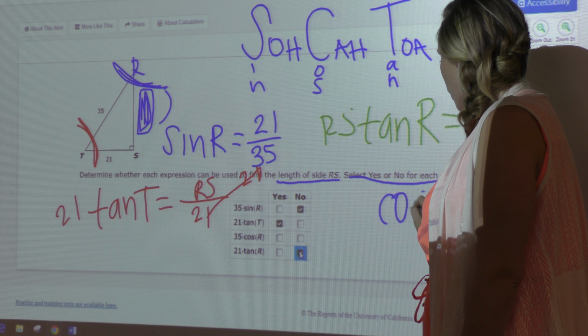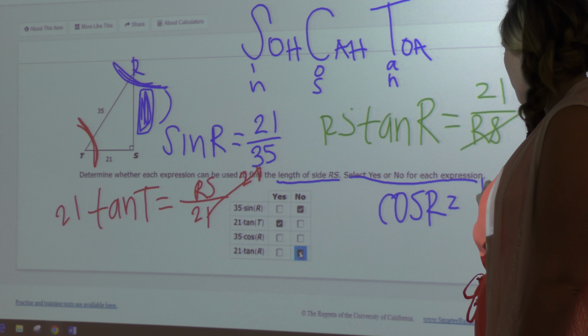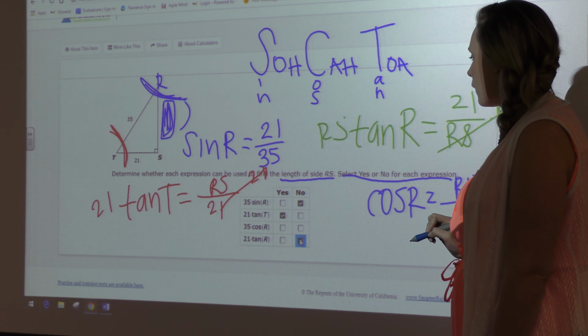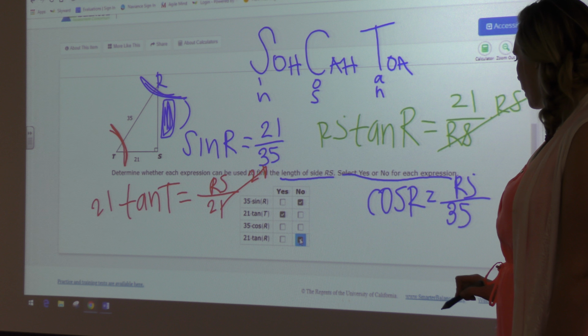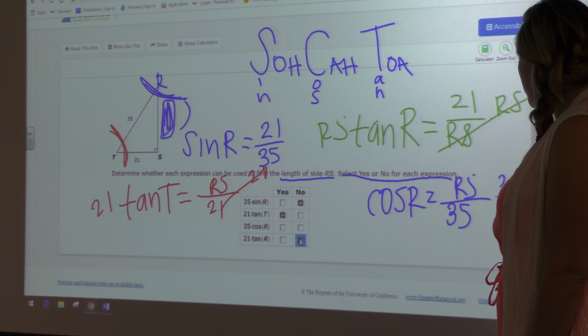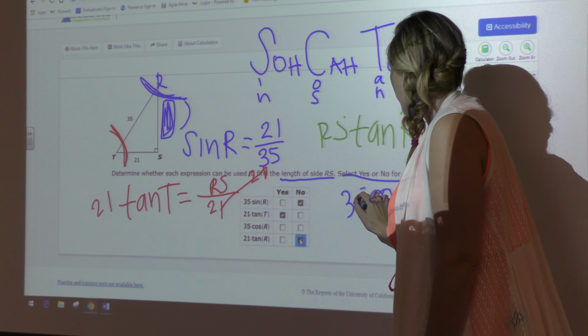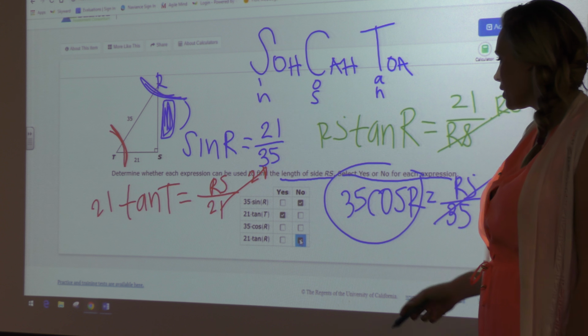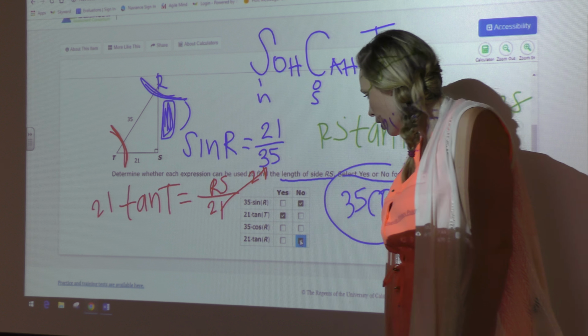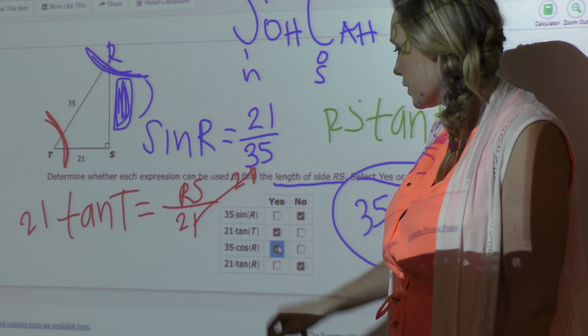So cosine of R would be RS over my hypotenuse. To get RS by itself, multiply both sides by 35. And there we have it. RS equals 35 times cosine of R. So I can select that.